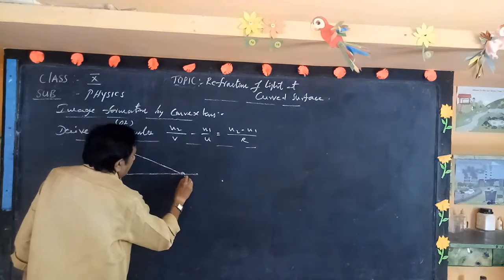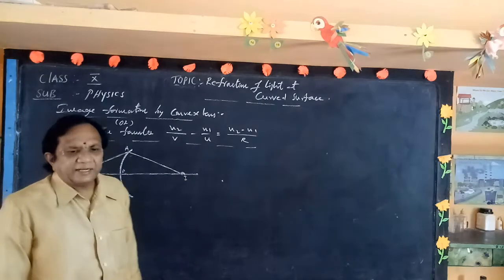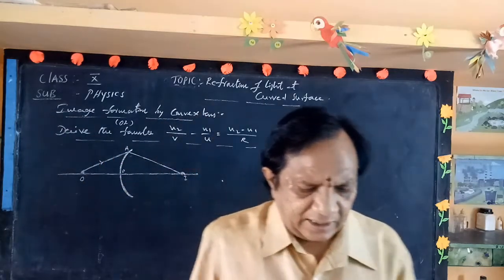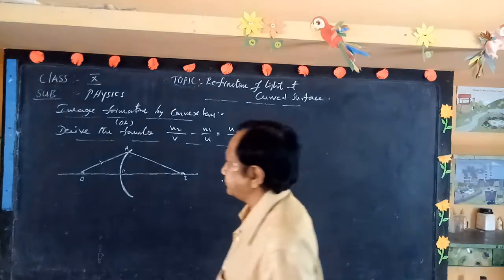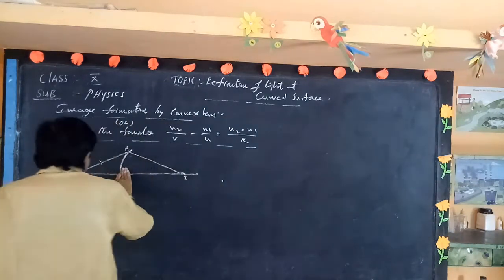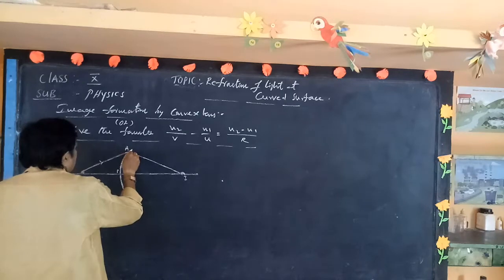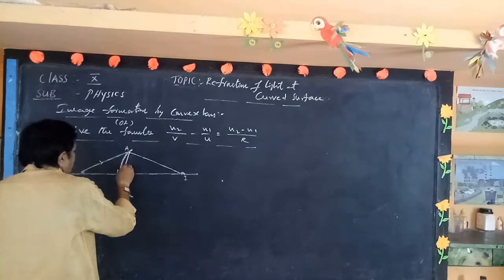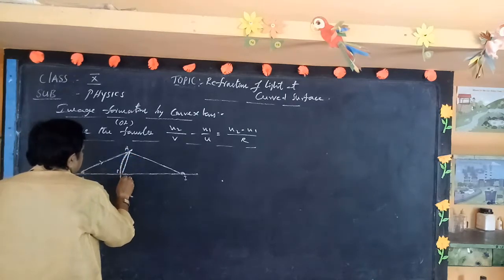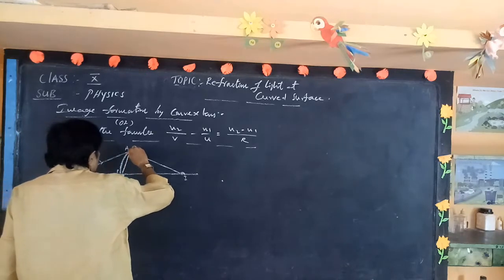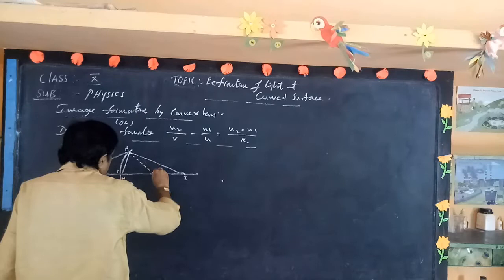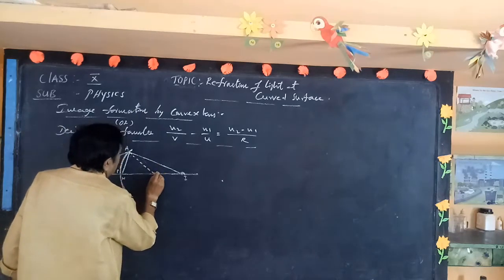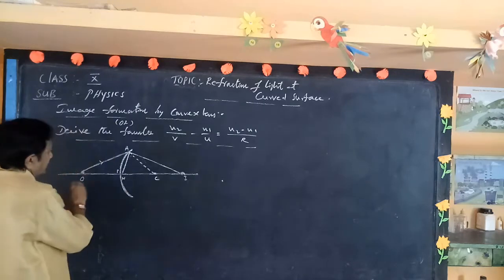This point we call the image I. Now here we draw a normal line, so here we construct P, and draw a normal up to this line. This is taken as N, and one more line is drawn up to the focus. The focus plays an important role. This point is taken as C.